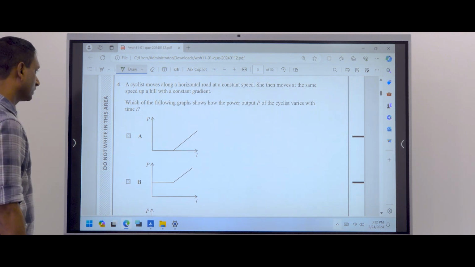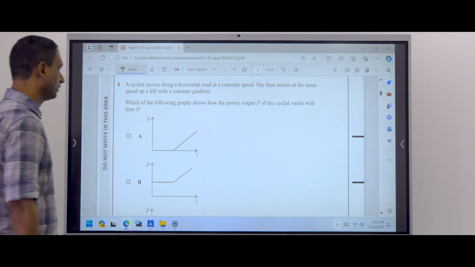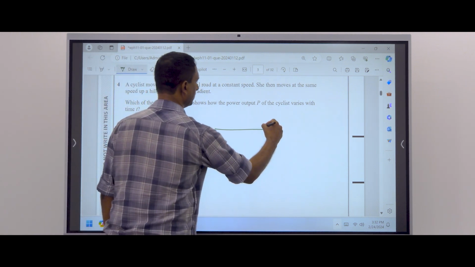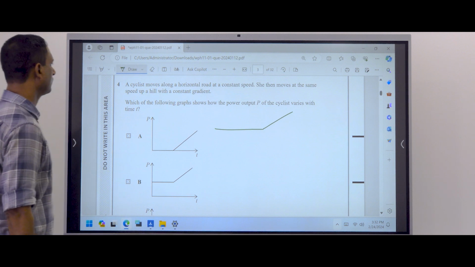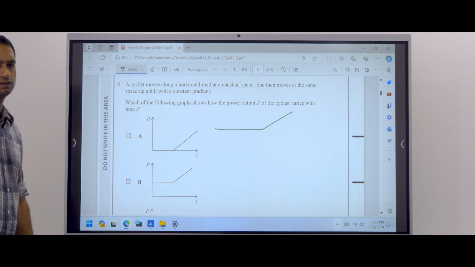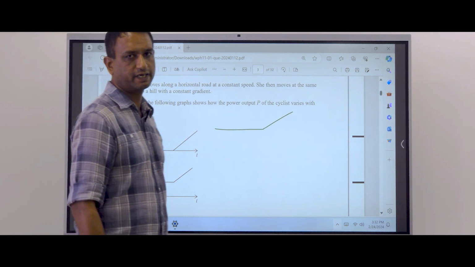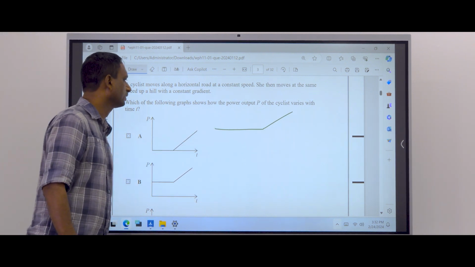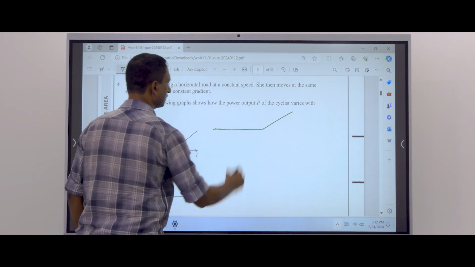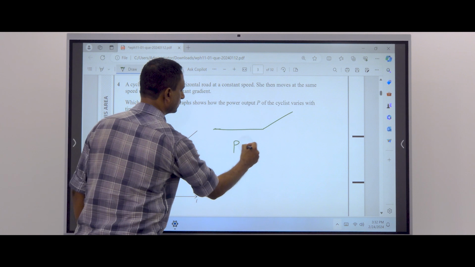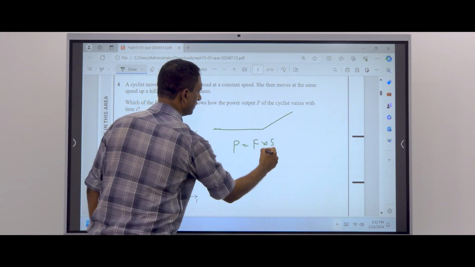A cyclist moves on a horizontal road at a constant speed, and then moves at the same speed uphill with a constant gradient. Which of the following graphs shows how the power output P of the cyclist varies with time? When the cyclist is moving on the horizontal lane, power equals force into distance divided by time.